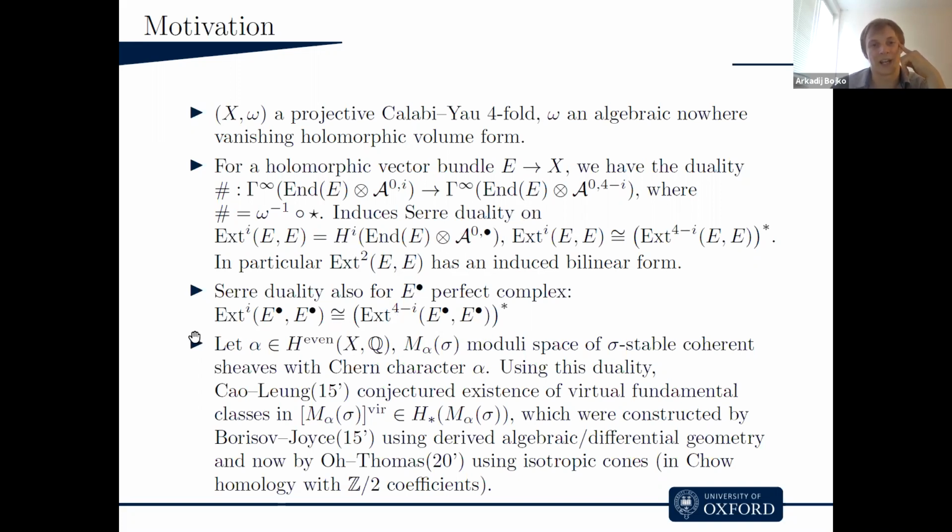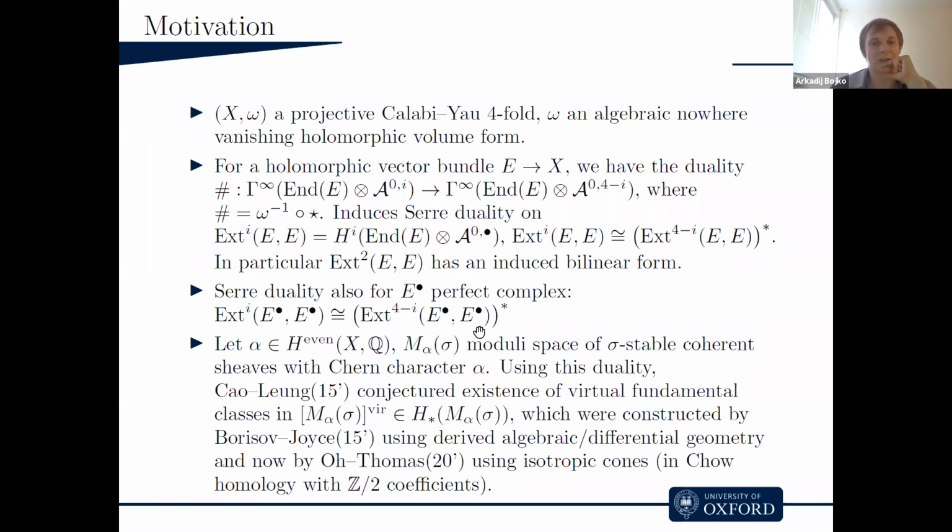And one gets again the duality, which is called Serre duality in that setting. Sorry, what's A? What's A0,i? That's the anti-holomorphic part, so these are basically the (0,p) forms on your Calabi-Yau.